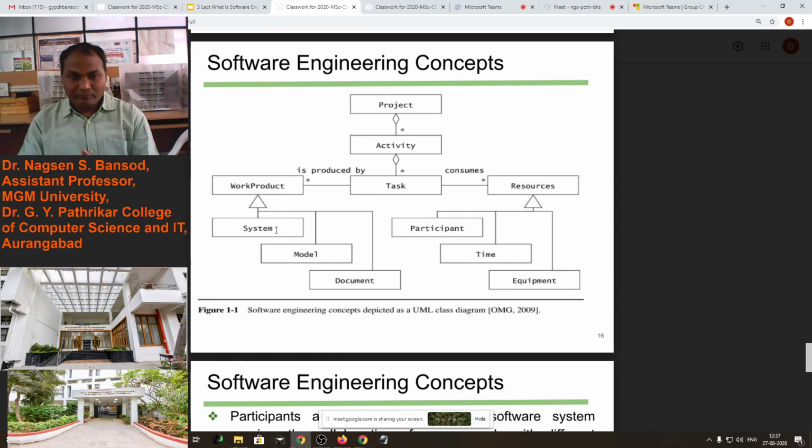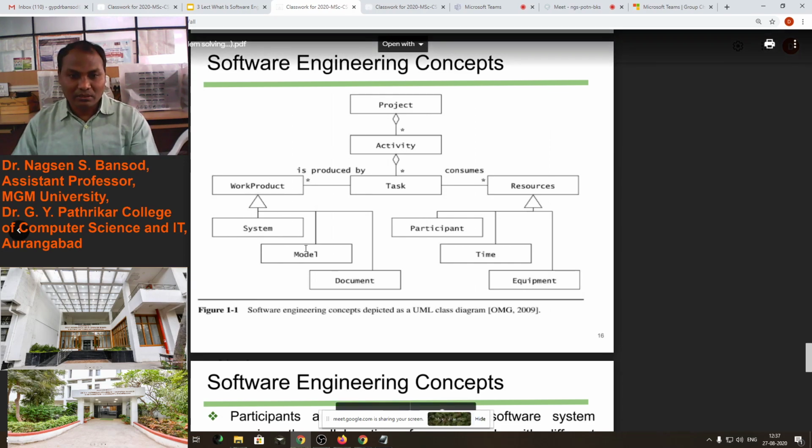Okay, therefore we can say that is our product. This system is also the work product.